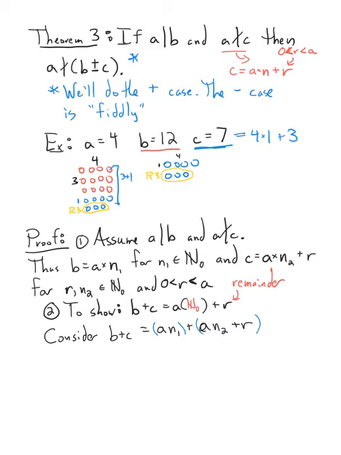They're not doing anything mathematically, but it helps people to see that B is A times n1 and C is A times n2 plus R, that they kind of go together. Okay, and again, I know how this needs to look. A times some number plus R. Now, I'm going to write this again without the brackets.